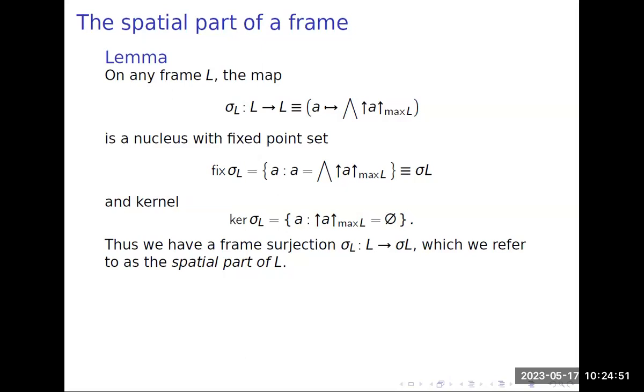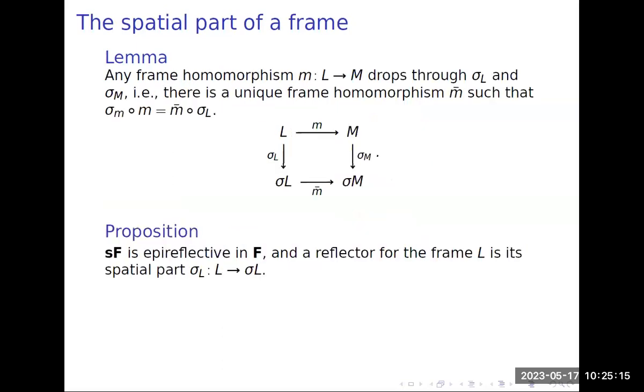And the kernel of that nucleus, meaning the set of elements which are mapped to the top by the nucleus, is simply the set of elements which have no maximal elements above them. Okay. I will refer to that surjection, it's actually a nucleus, as the spatial part of the frame, and I will use sigma sub L to indicate it.